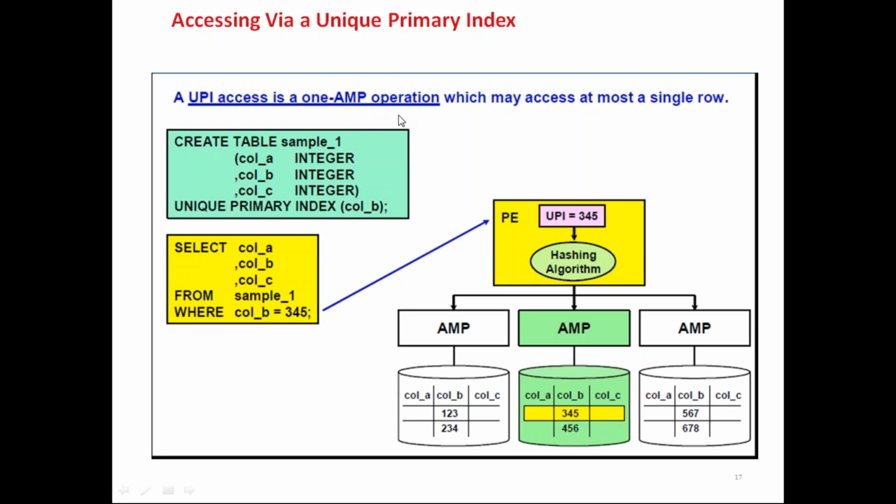Maybe the number of rows retrieved will be more, but it is always a one AMP operation when you use the primary index in the where clause of the retrieval queries. Okay, so a one AMP operation is possible, which is the best way of retrieving data from Teradata. It is possible when you use the primary index in the where clause.